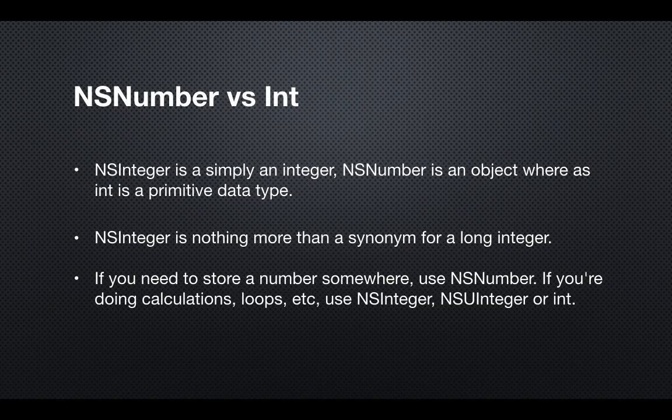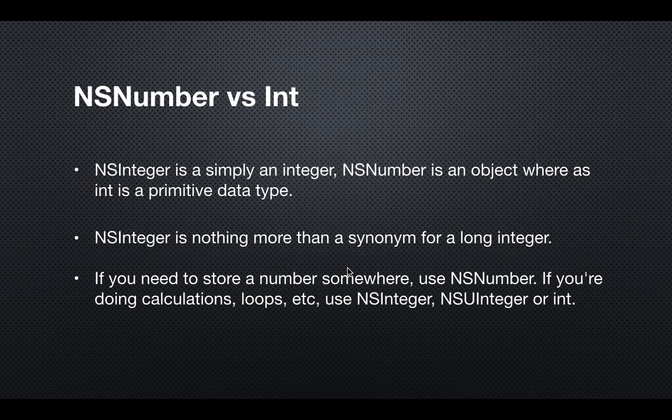Okay, NSNumber versus int. So we will not just cover NSNumber and int, we will cover NSInteger as well. So NSInteger is simply an integer, and NSNumber is an object, whereas int is a primitive data type. Okay, NSInteger is nothing more than a synonym for long integer. So there's no difference between NSInteger and integer.